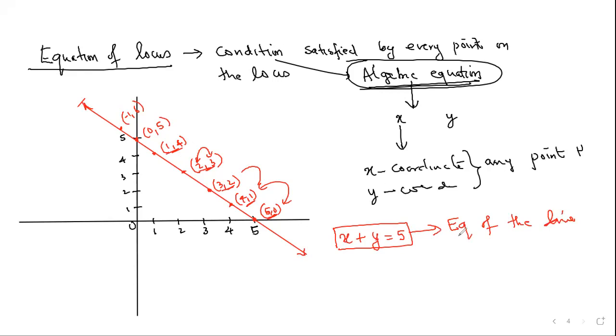Another example. Today I'm going to talk to you only through examples, so that through examples you understand the concept. I'm drawing x and y axes, and I'm going to draw a circle. I'll make it a little bigger.